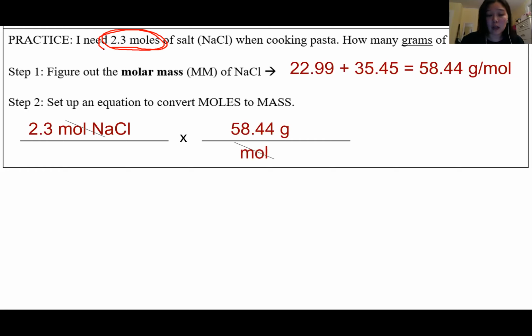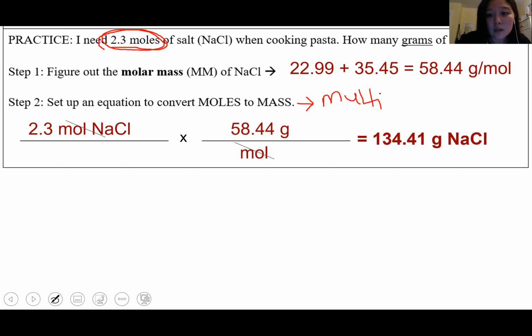This is a multiplication problem. 2.3 times 58.44 equals 134.41 grams of sodium chloride. So you notice when you convert moles to mass, you're going to multiply.